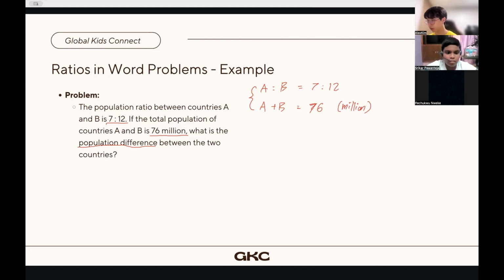You could change it into fractions and then cross multiply, but if you want to save a couple more seconds, you can just multiply the insides together and the outsides together as well. If we do this, then we can write that 12 times A is equal to 7 times B. So we have a slightly more useful expression for our first equation, and we can put our second equation right below it.